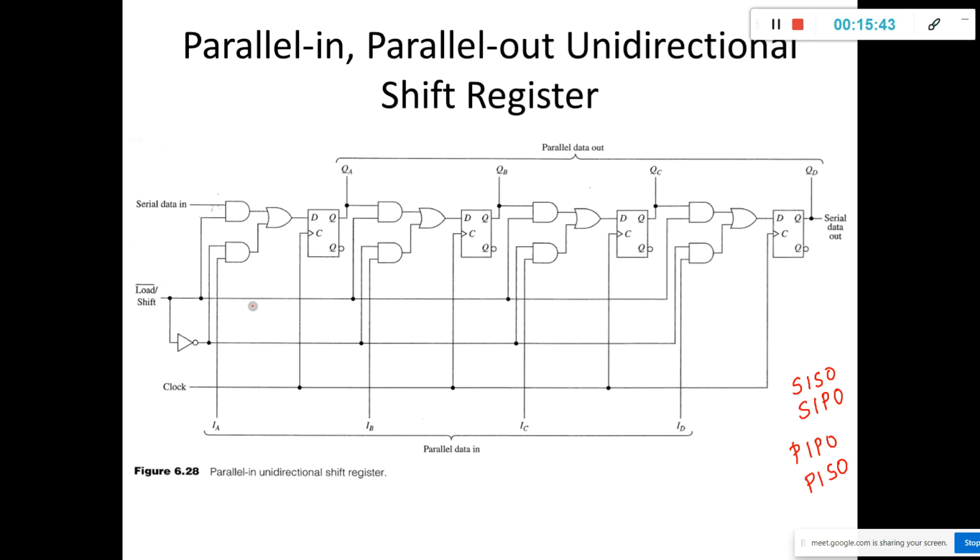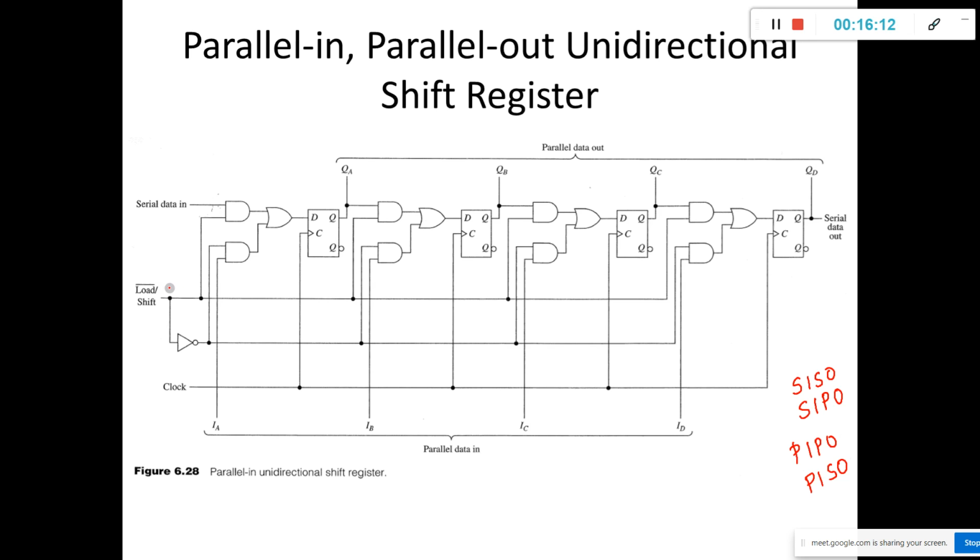So how does it act now? The operation of this register is controlled by this load bar slash shift line. When a logic 0 signal appears on this line, the signals on the parallel data input lines, that is IA, IB, IC, ID, are transferred into the register upon the occurrence of the positive edge of the clock signal.